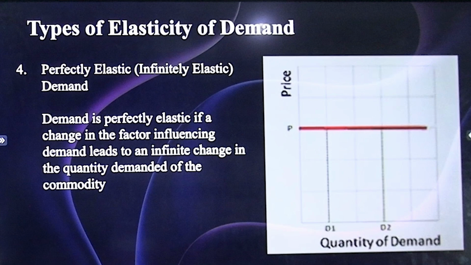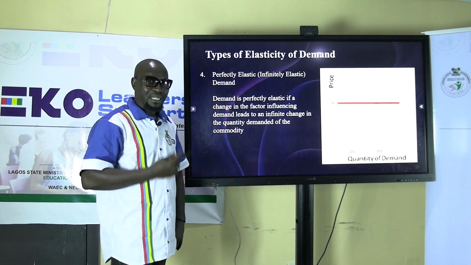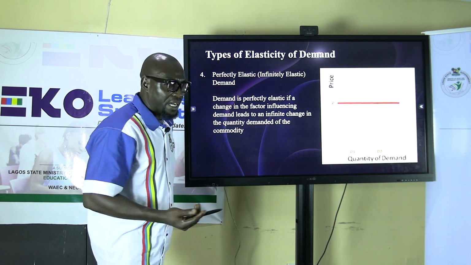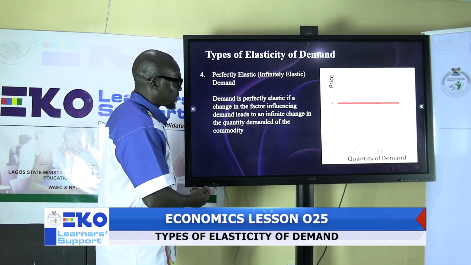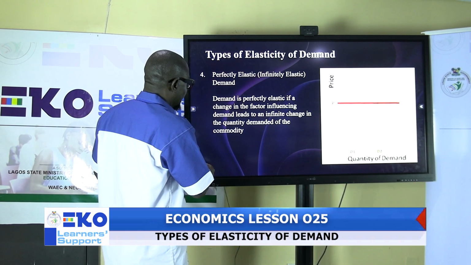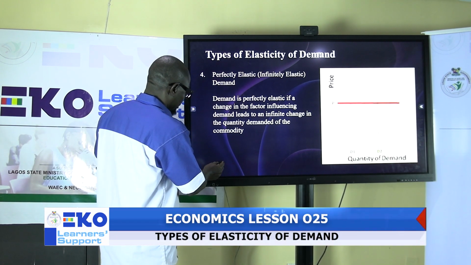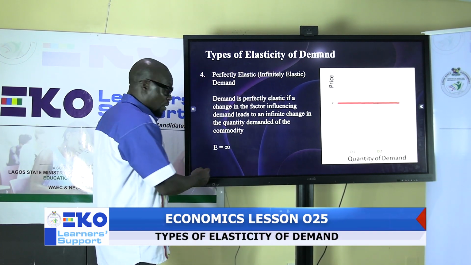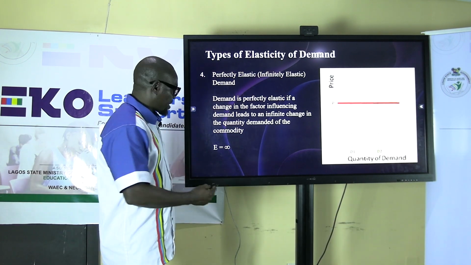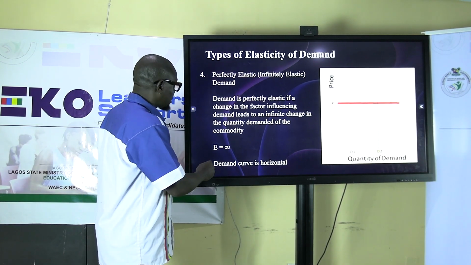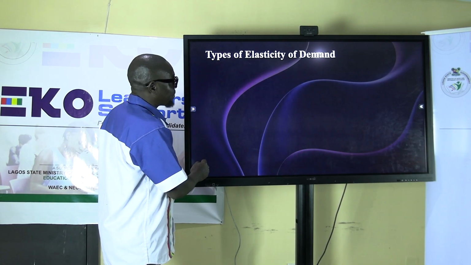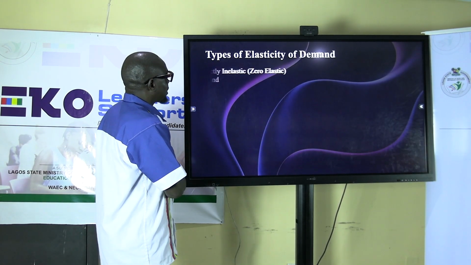Right? So this is a case of an abnormal demand where price has infinite impact on the quantity demanded of the product. Coefficient of elasticity is infinity and, sorry, the demand curve is horizontal.